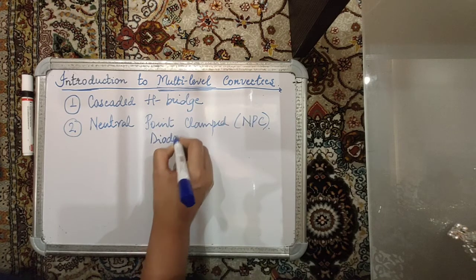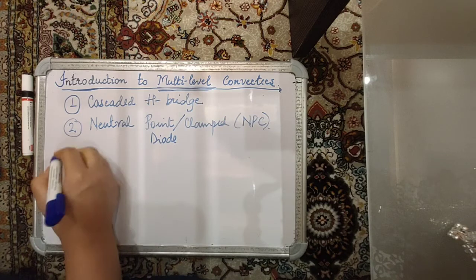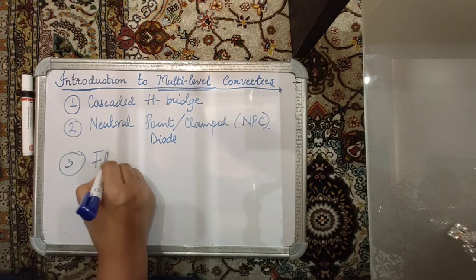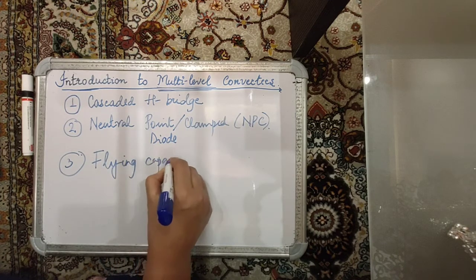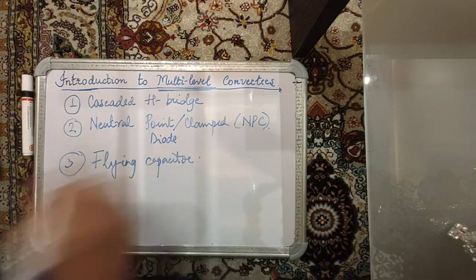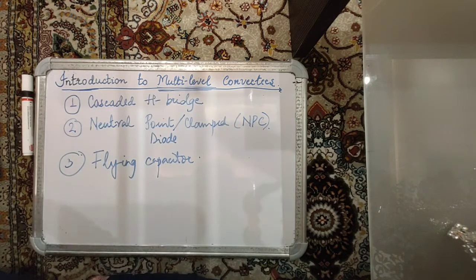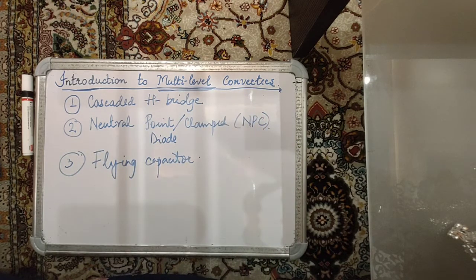Neutral point or diode clamped multi-level converter. And the third, which is not really used very frequently, is the flying capacitor type of multi-level converter. There are also modifications in all these topologies to give new topologies of multi-level converters, but I think these three are the basic fundamental types of multi-level converters.